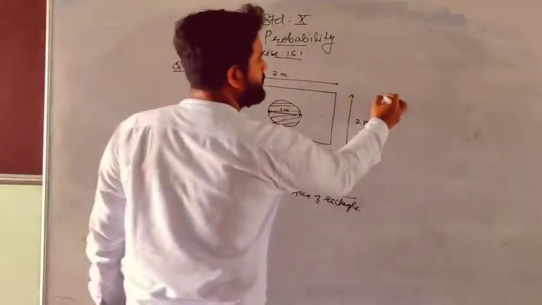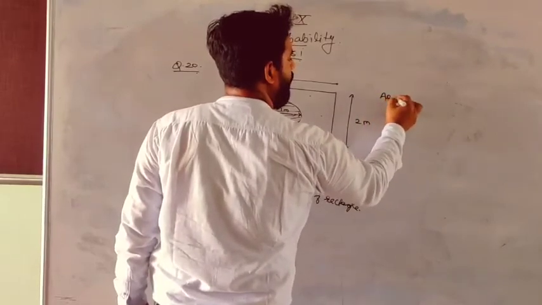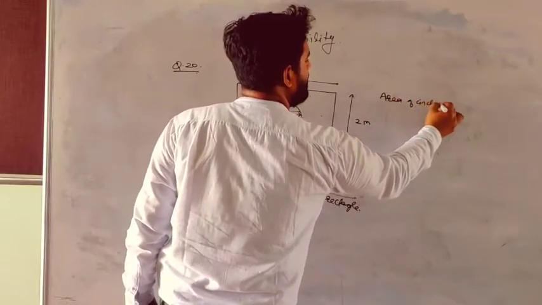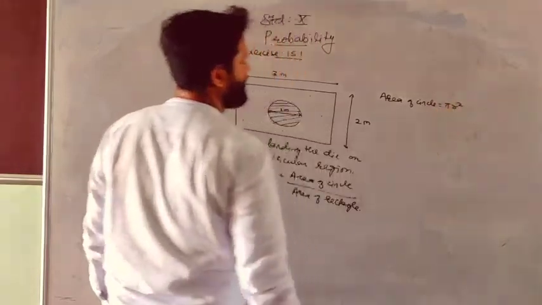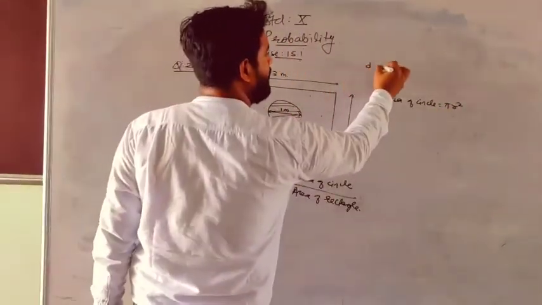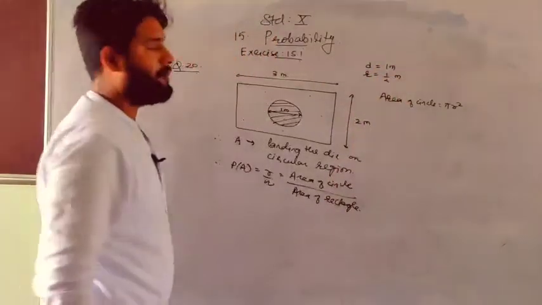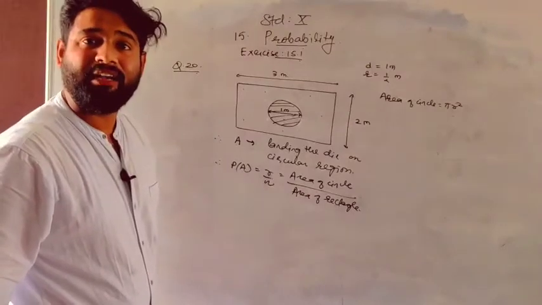Now you know that the area of a circle is equal to pi r square, right? Now the diameter of the circle is given as 1 meter. So the radius is going to be 1 by 2 meter, because radius is equal to diameter divided by 2.